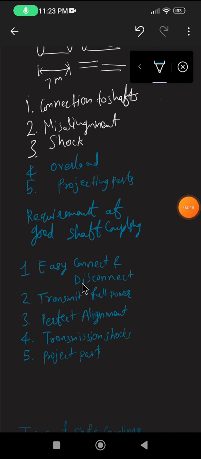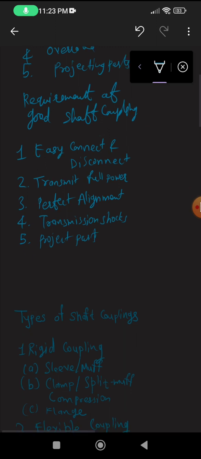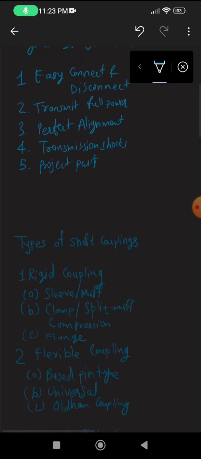Now we will see the various types of shaft couplings. Mainly there are 6 types of shaft couplings based on the alignment.